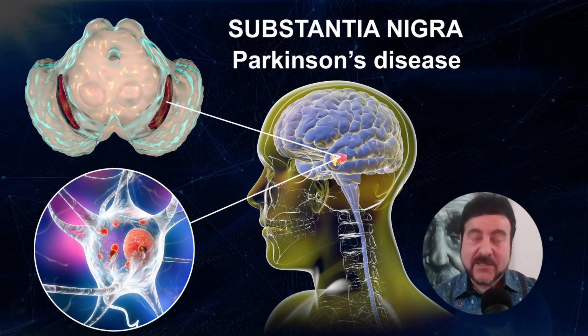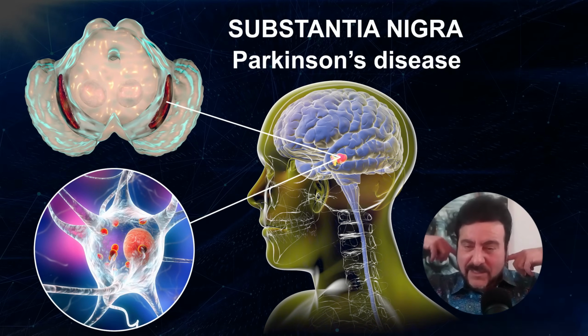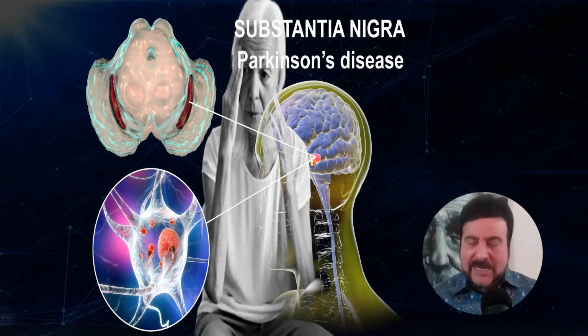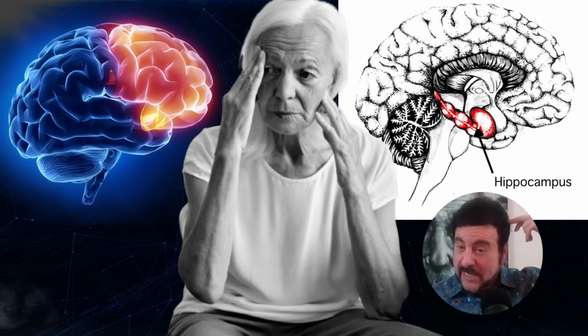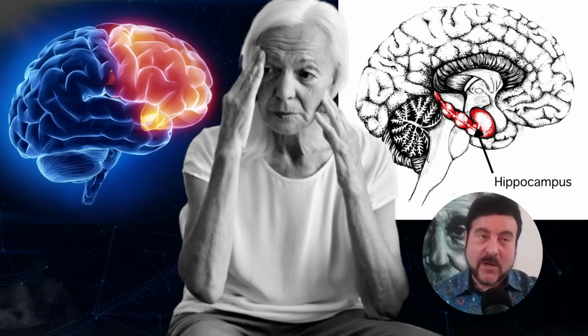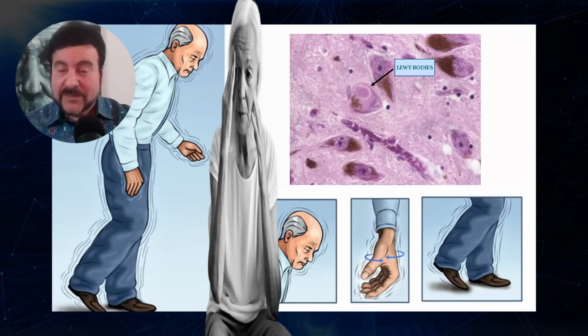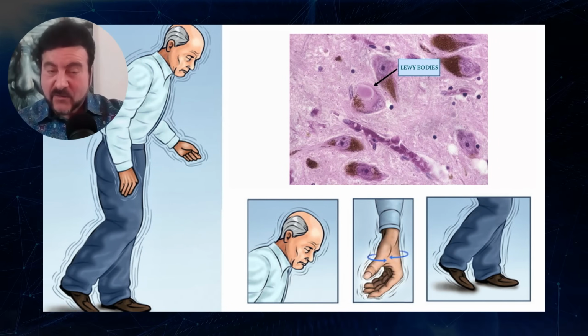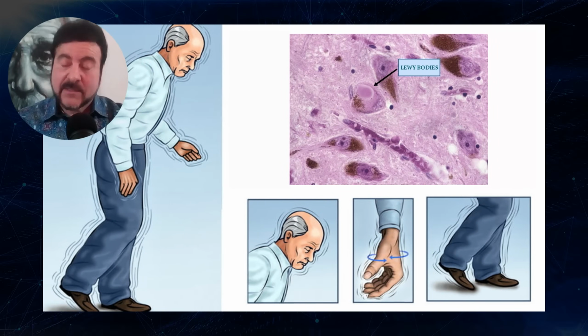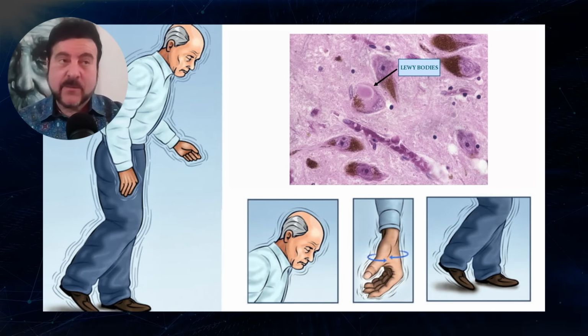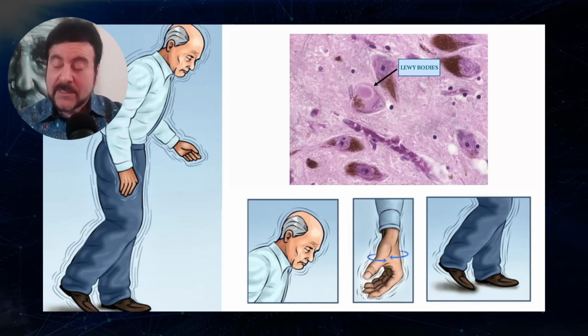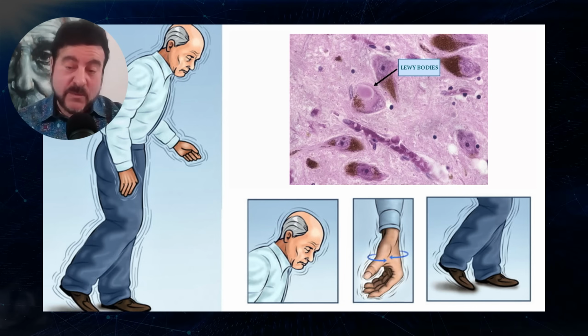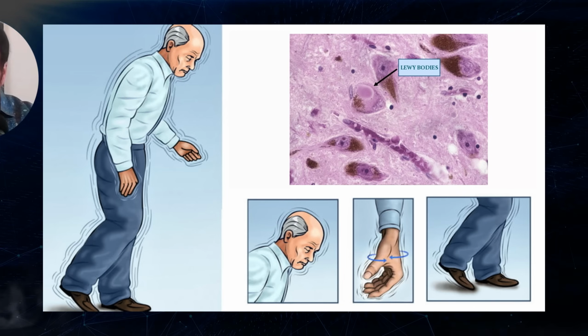So substantia nigra is on both sides here. And Alzheimer's is more frontal cortex, hippocampus. Parkinson's is more involved with movement disorders, and that's why they have the tremor, the rigidity, the shaking, the balance problems, and it has to do with dopamine types of neurons.